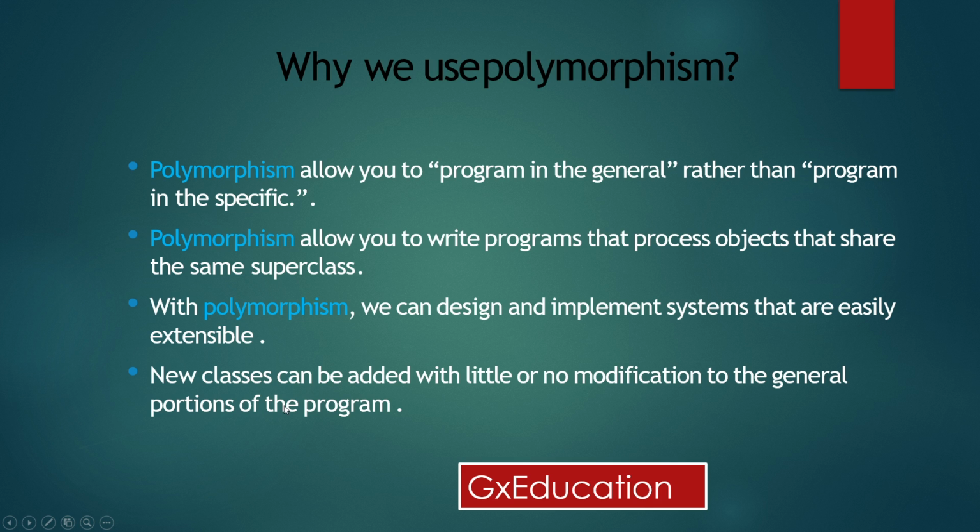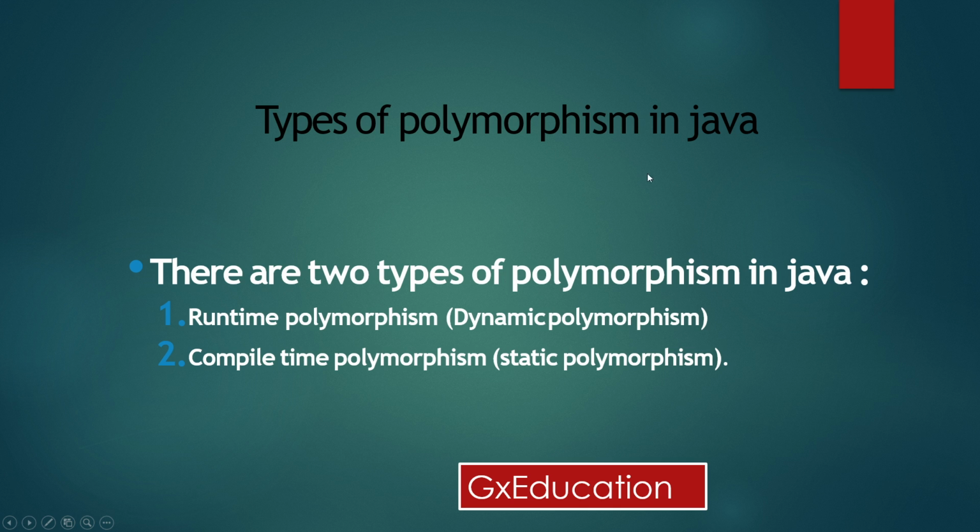Suppose you have written a very big program and you want to add some other code and modify your program. That is also possible by using the polymorphism concept. So new classes can be added with little or no modification to the general portion of a program.